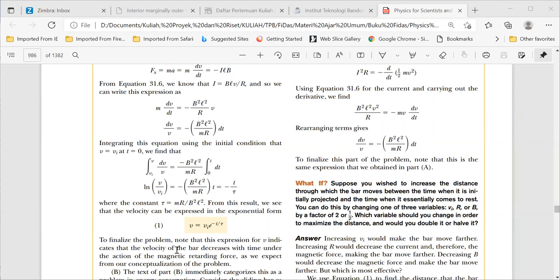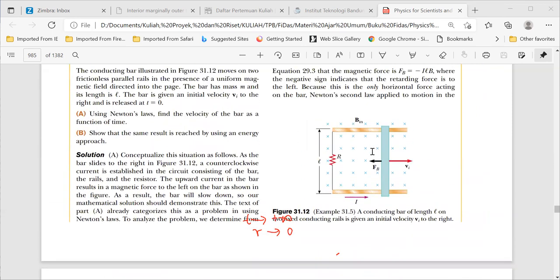As t goes to infinity, V goes to 0. So as time goes on, the bar will finally come to rest at the final stage.